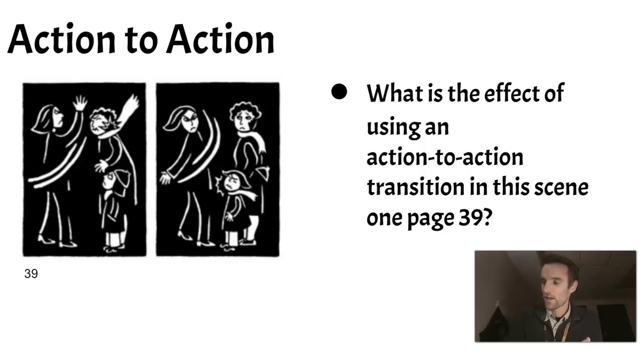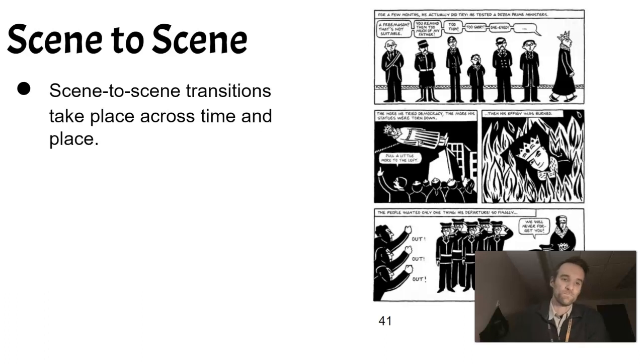So it's demonstrating the anger, it's demonstrating her frustration, it's showing maybe the abruptness or the violence of that action, the anger in her response is shown in this action to action transition.